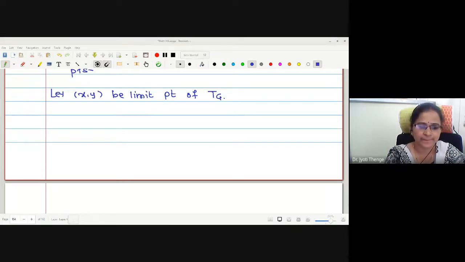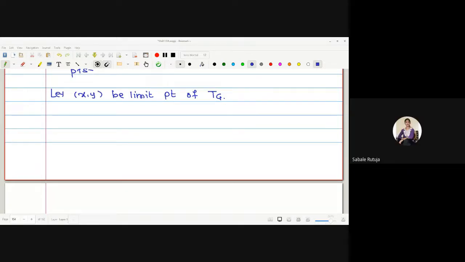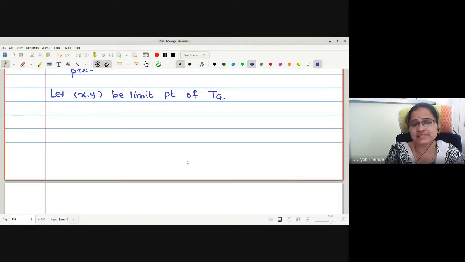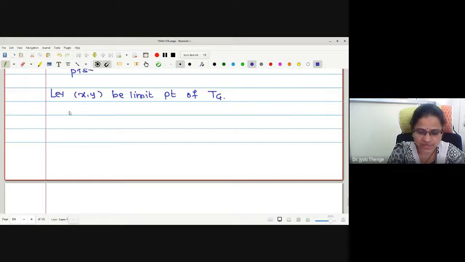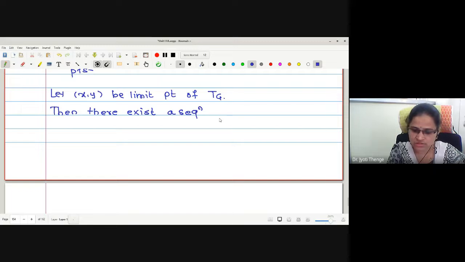X is a limit point of some set S. What is the meaning? There exists a neighborhood which contains infinite points of TG. This is one way. Or can I say there exists a sequence which converges to this point? I can use anything. Let me use the second. Then there exists a sequence of points in TG.